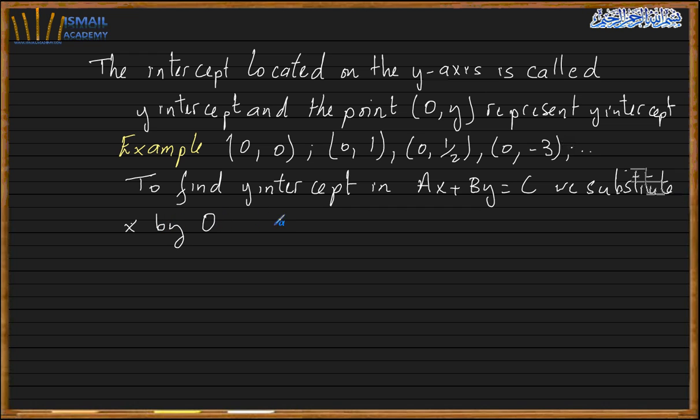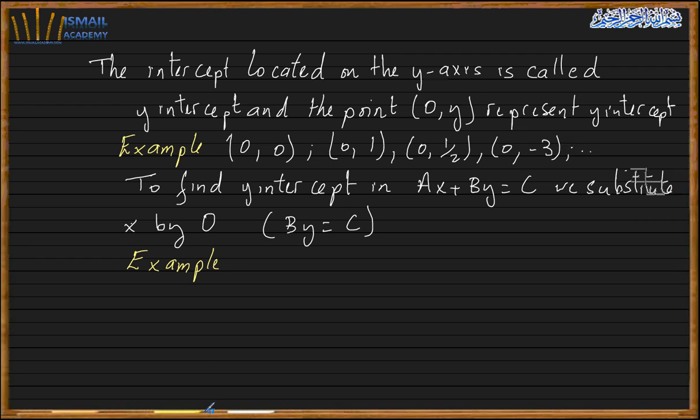In fact, we solve for by equals c. When you substitute x here by 0, this becomes 0. What's left is by equals c. So that's the idea. If we want to find the x-intercept and the y-intercept, let me give you an example for both.